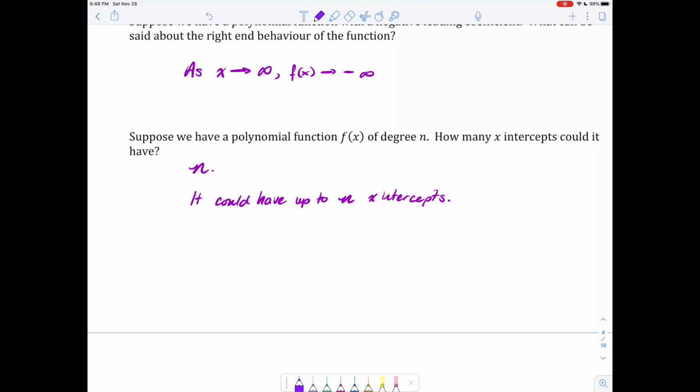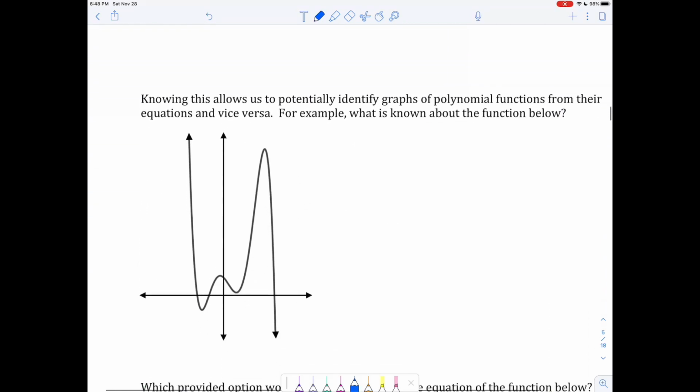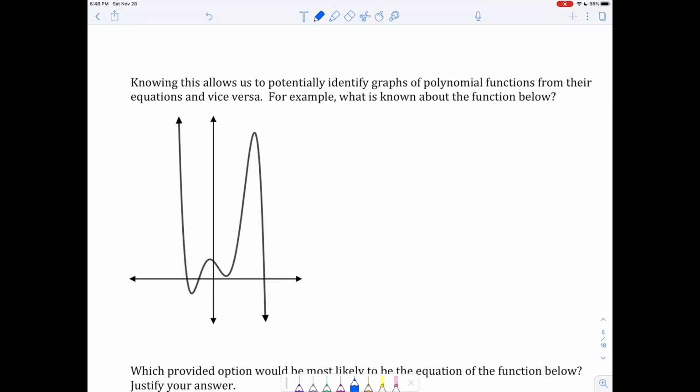That's all that business. Now we do have a couple examples to go through. Now we've done all this analysis, and there's quite a bit of analysis. So we can potentially identify information about graphs. So this question was just asking us, what do we know about this function? And we can get some of that information.